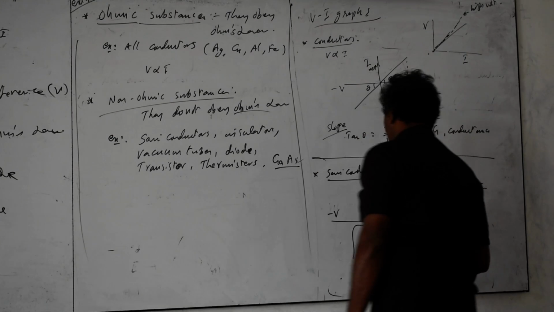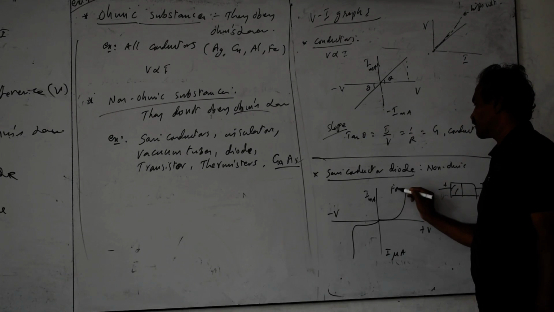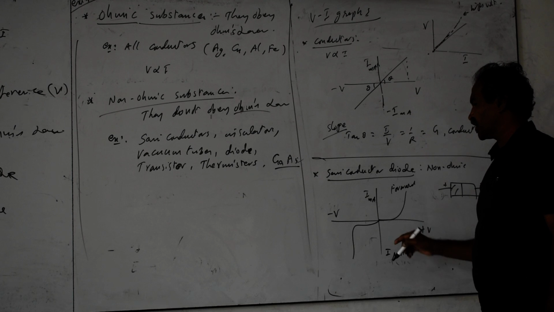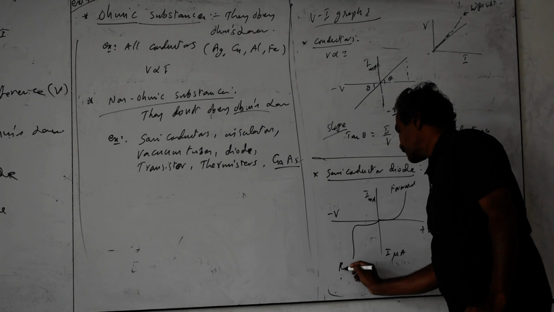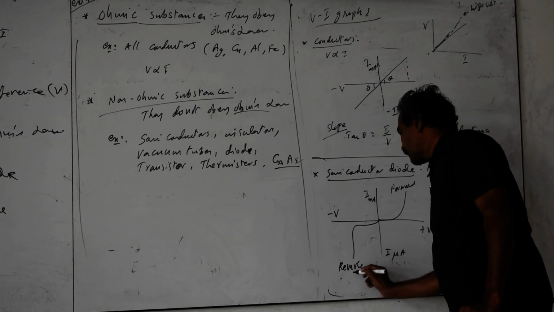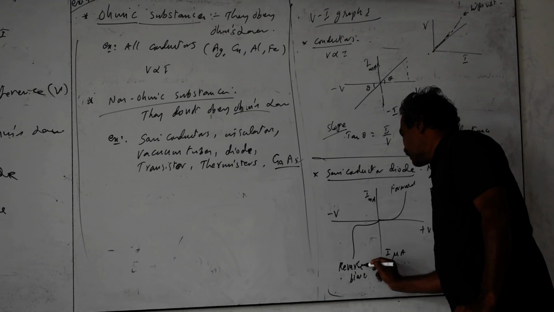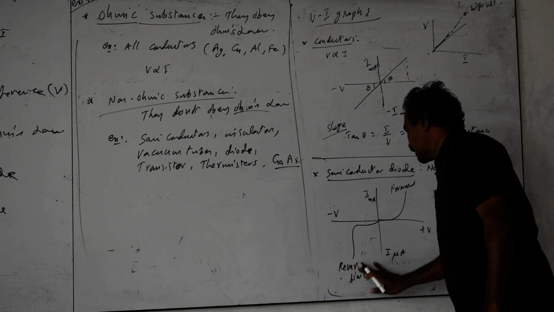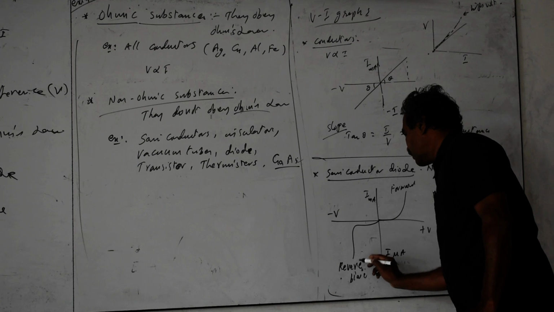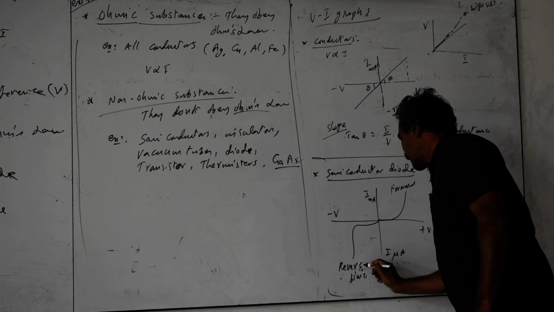This is microamperes. This is called the forward bias, meaning plus voltages. This is the reverse bias. Bias means partiality. Every battery shows partiality by showing different voltage, higher and low, plus and minus. Reverse bias.